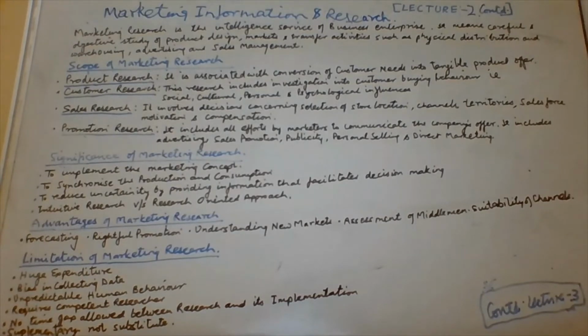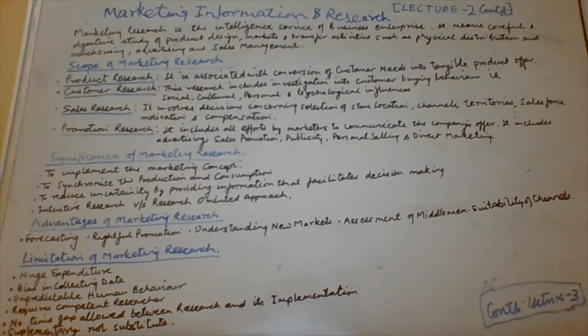This is again in terms of the person whom the researcher is asking about human behavior, consumer behavior. It is very unpredictable. People may commit to something, they may tell you something which may or may not be right. So it depends again on the intelligence of the researcher to understand how much of the answer the person is giving is the right kind of answer.